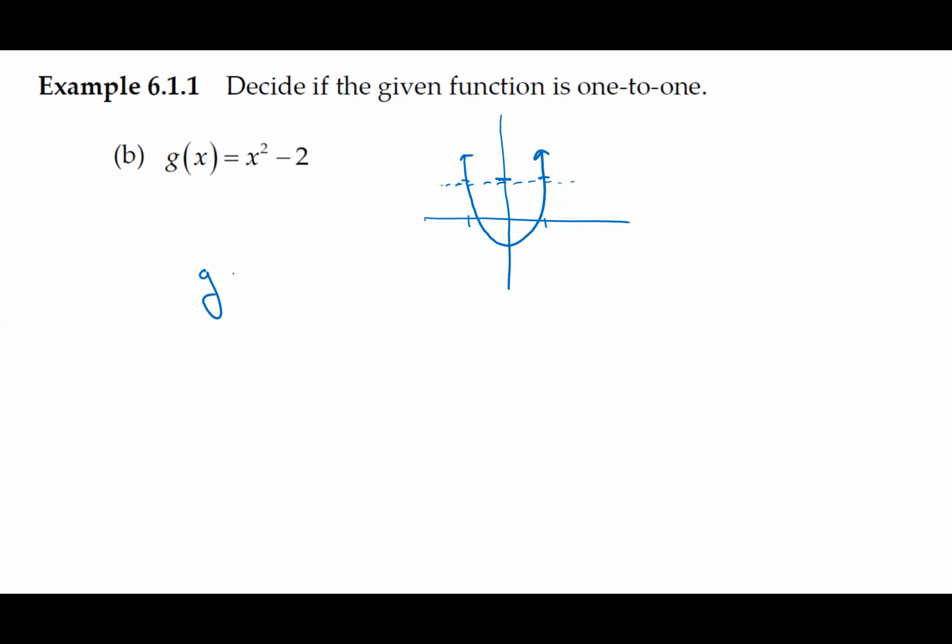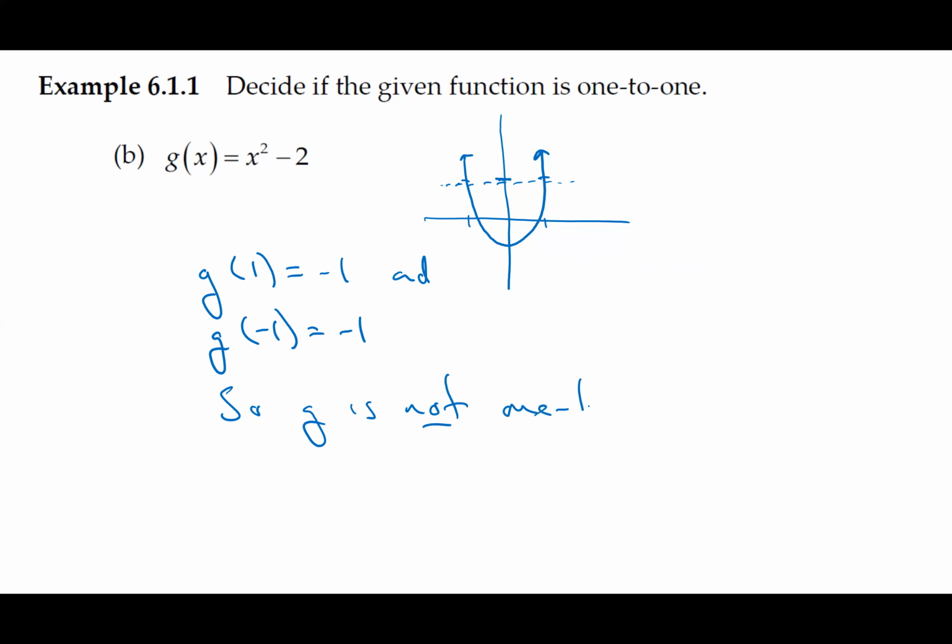We could say g of 1 equals -1 and g of -1 equals -1. So g is not 1 to 1. Because again, I showed that the definition fails.